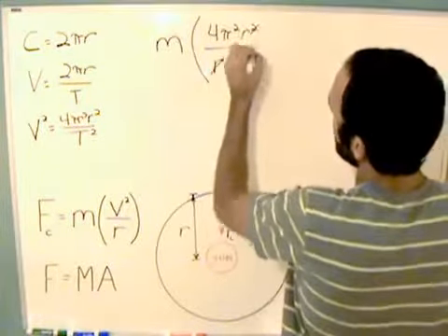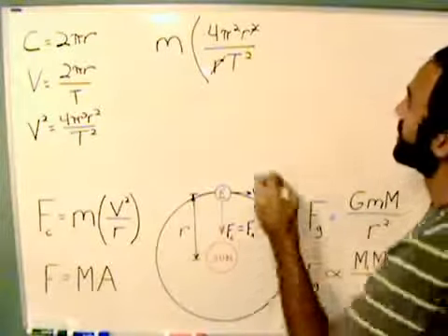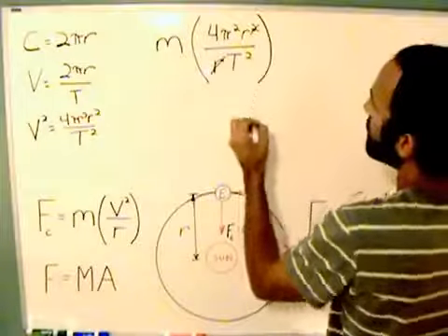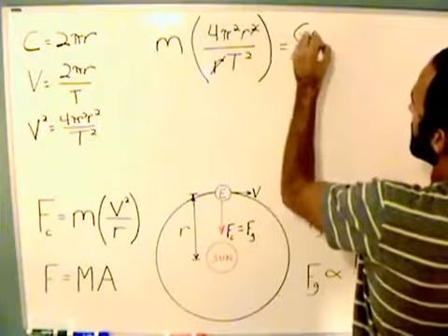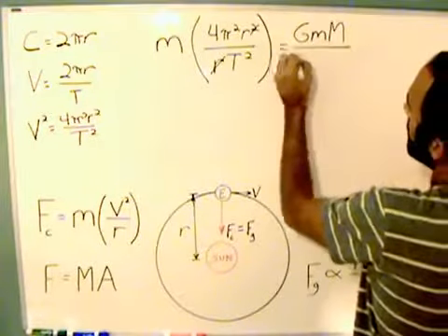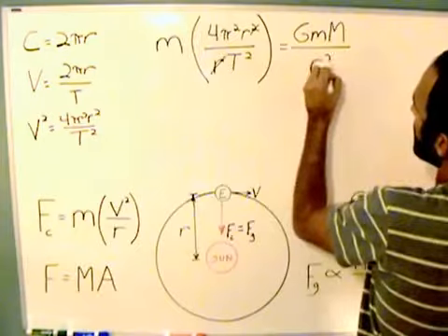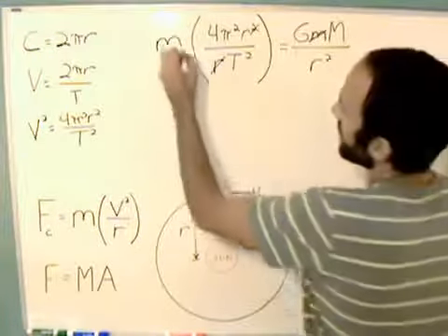This r cancels and that r cancels, so you get 4 pi squared r over the period squared, or big T squared. Okay? And then set that equal to big G times little m times big M, mass of the Sun, divided by r squared.